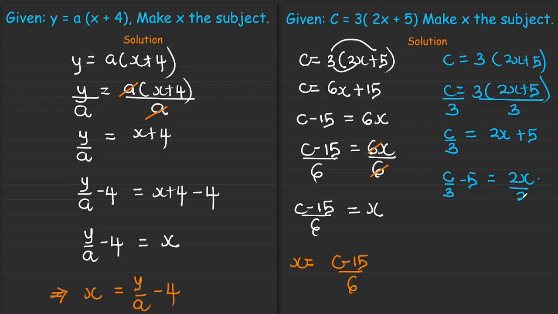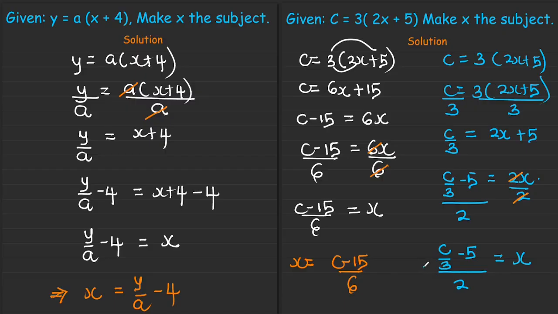So divided by 2, and all of this also divided by 2. With that, this 2 cancels out this 2. And what do we have? We have c over 3 minus 5 all over 2 is equal to our x. These are the two answers we have.